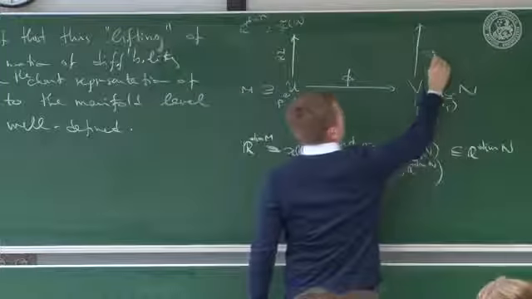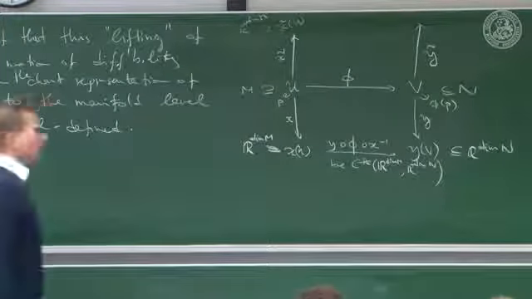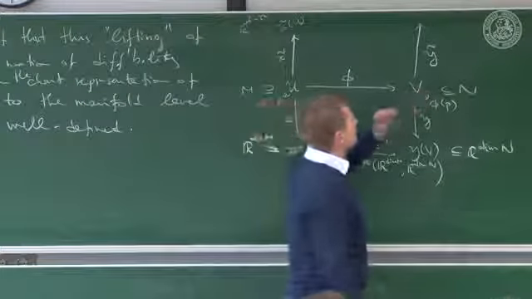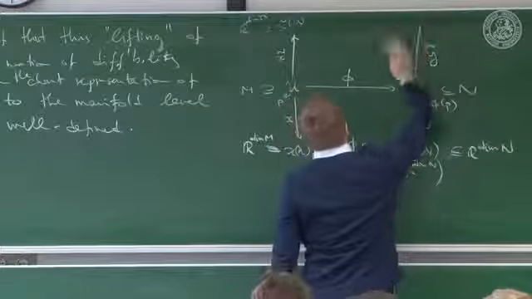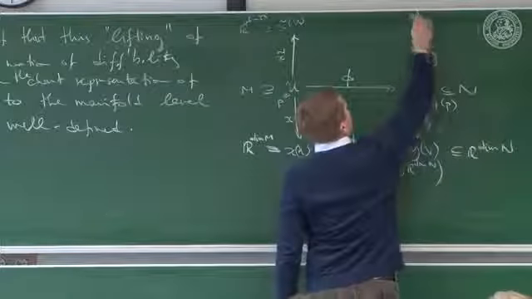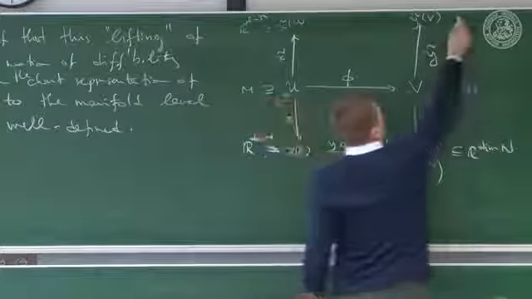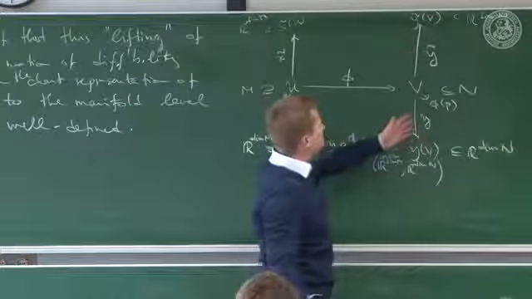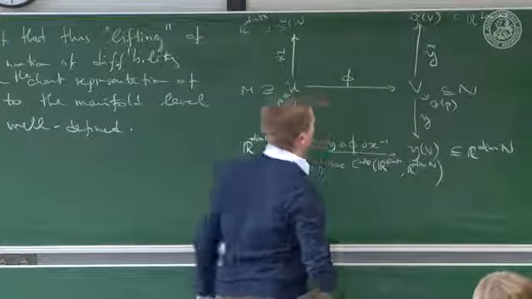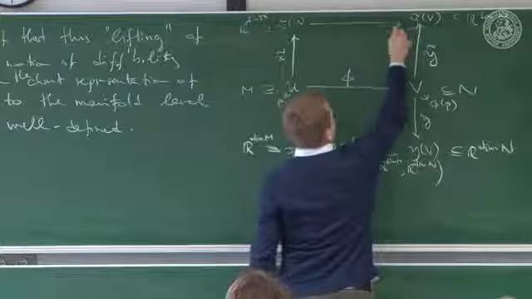And I choose a different chart, V prime, such that the intersection of V with V prime is non-empty, and then we call it V again. And I consider this map Y twiddle, so you have here Y twiddle of V being a part of R^dim n. So totally unrelated map Y twiddle with respect to Y and X twiddle with respect to X. And now I can consider this map.